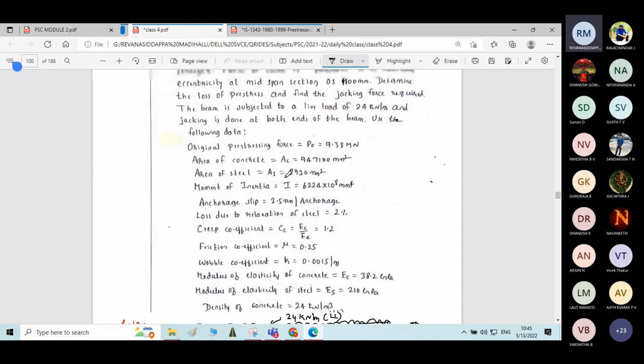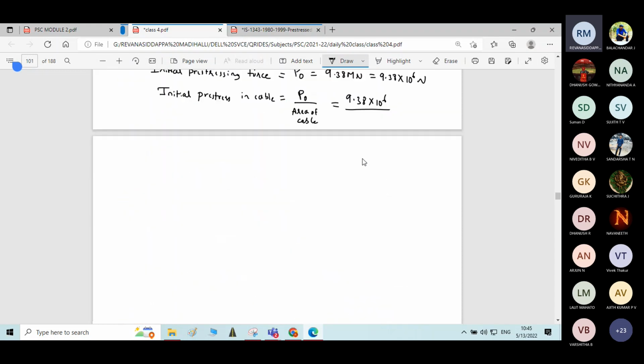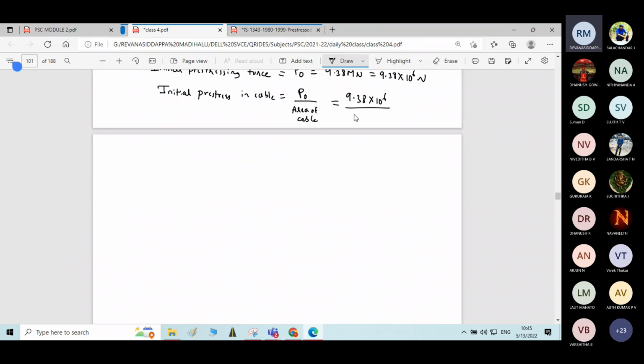The area of steel is given as 8930 mm square. If you calculate, you will get 1050.4 Newton per mm square. This is the initial pre-stress.